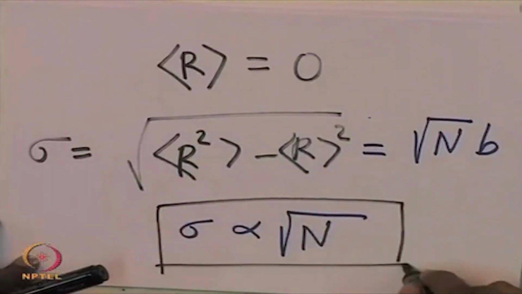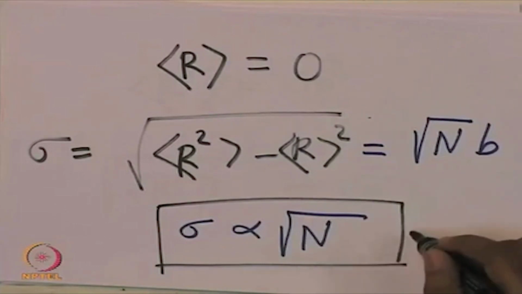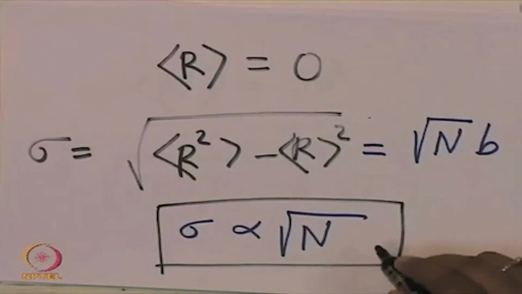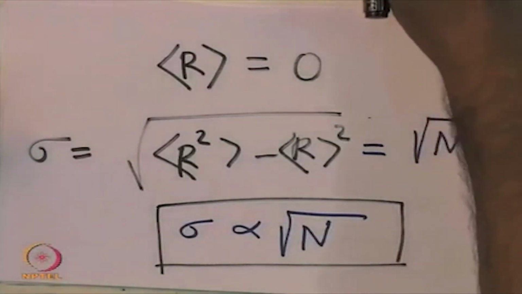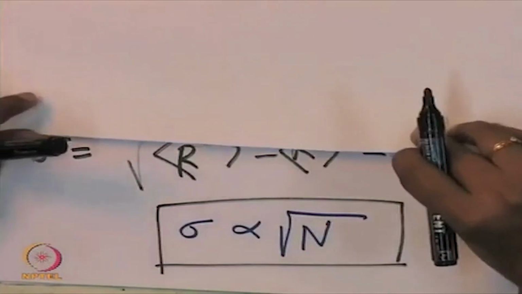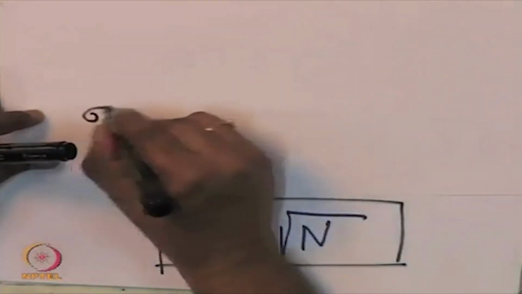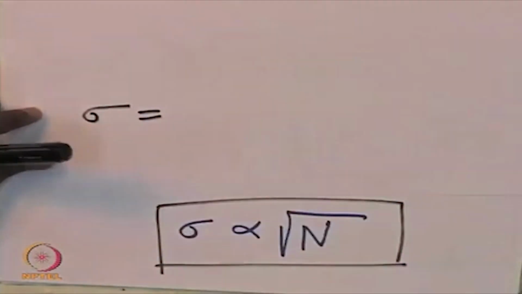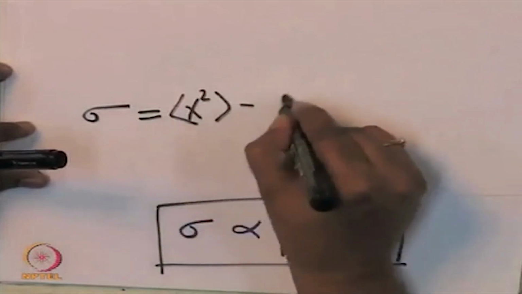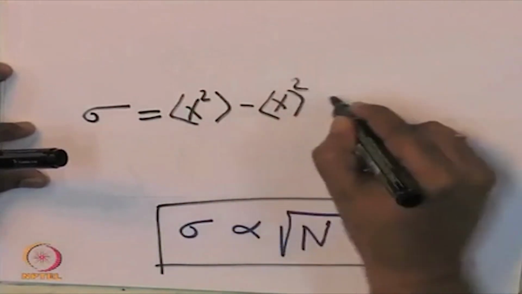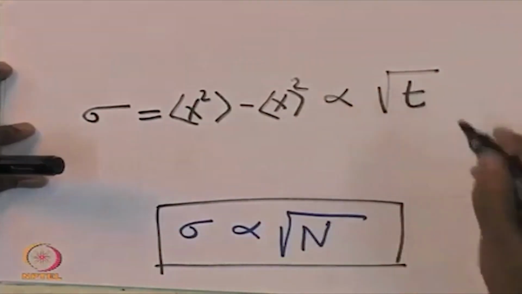This is a very interesting finding, and it has some consequences. We had learned in the case of diffusion previously that if you calculate sigma for diffusion, which we defined as x square average minus x average square, we will get that this is proportional to square root of time.